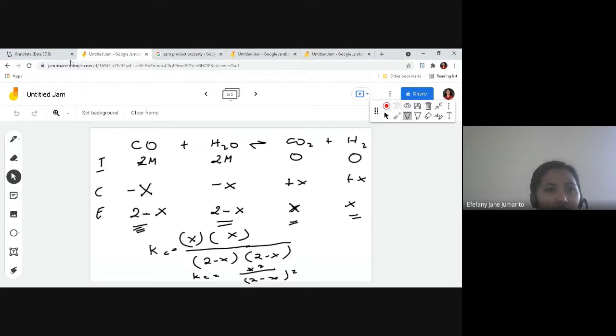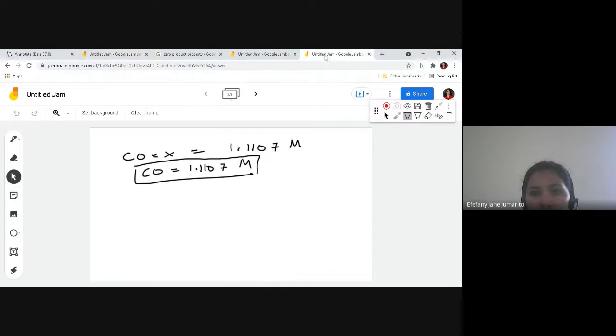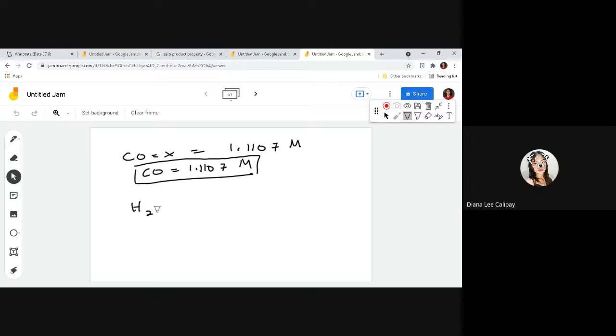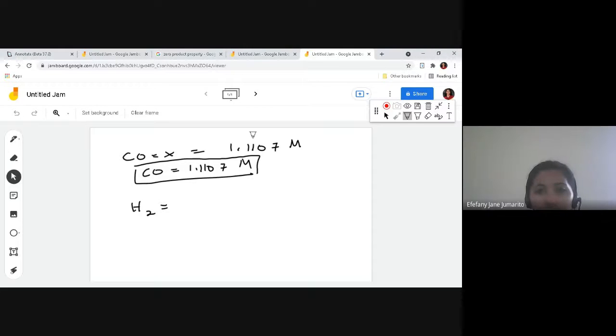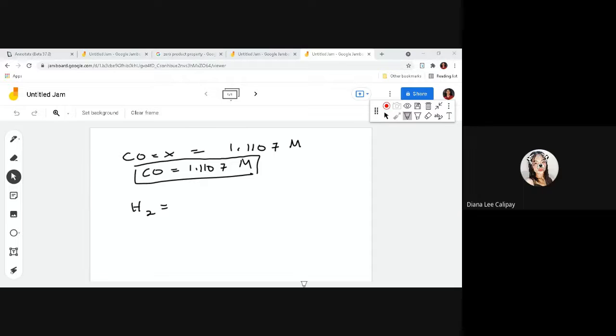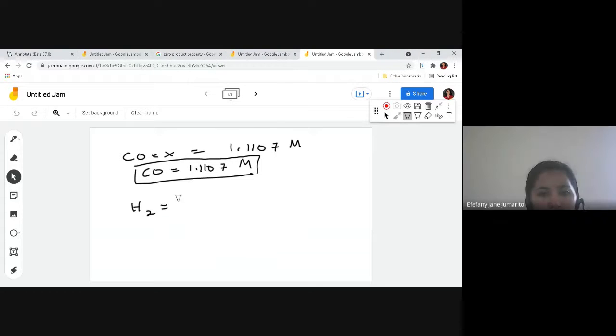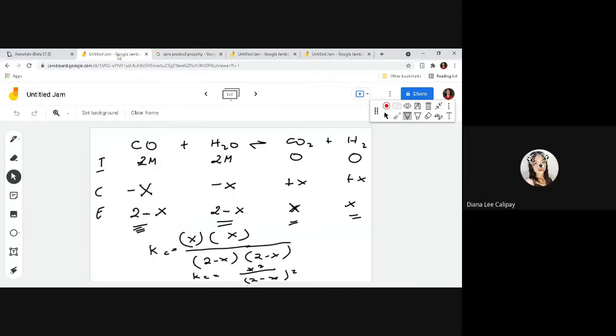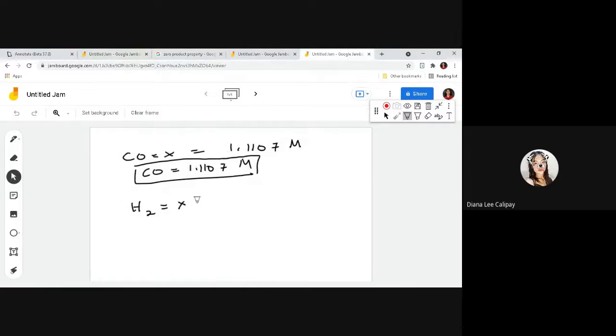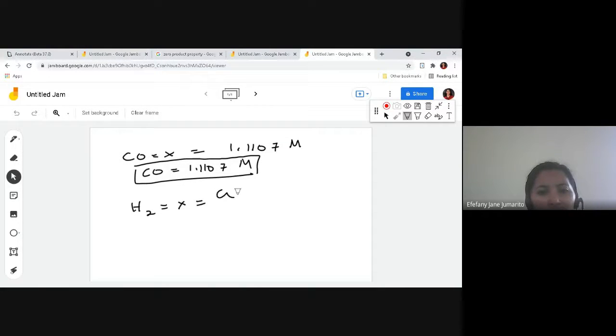Okay, what about H2? H2 is equal to x also, right? Yes, ma'am. 1.1107, equal to CO. Therefore, H2 is equal to 1.1107 molar.